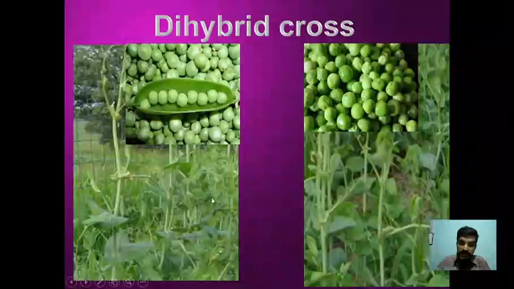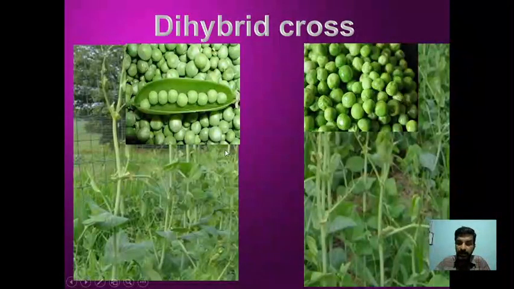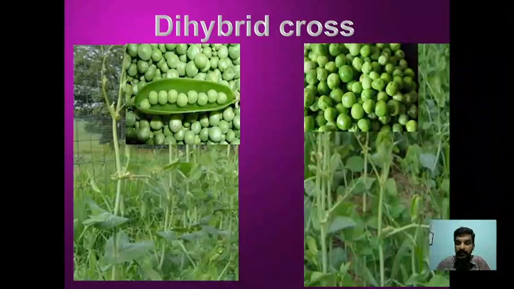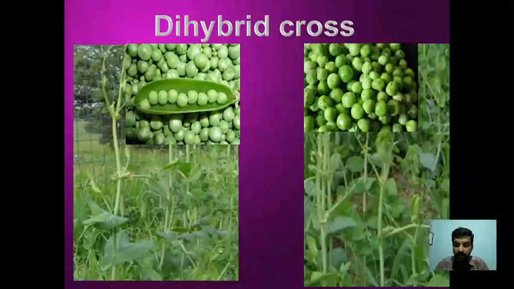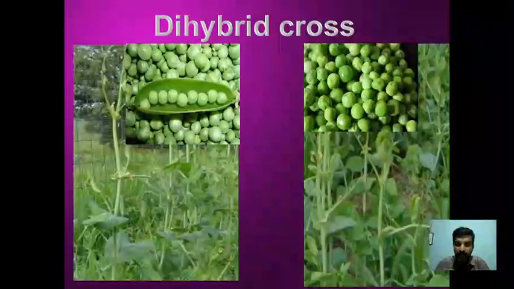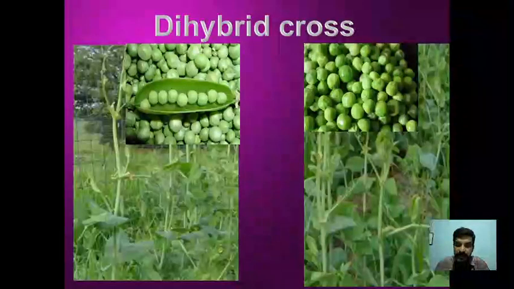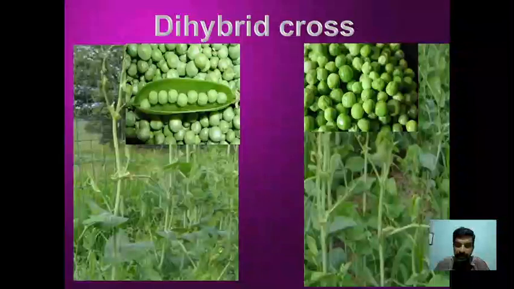Okay. Then the dihybrid cross. In the dihybrid cross, Mendel improved upon his experiment and considered two traits at a time, or two characters at a time. Say, for example, the height of the plant and the color of the seeds. Tall and dwarf are the two traits of the height of the plant, and for the seeds, not color but the shape of the seeds, round and wrinkled.